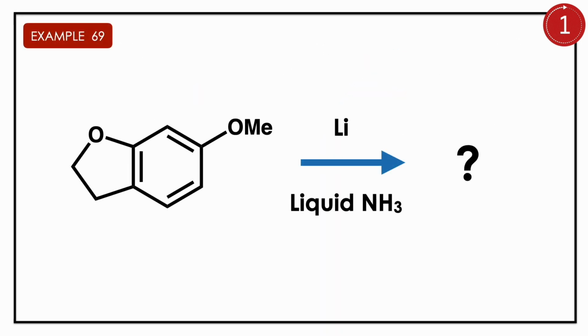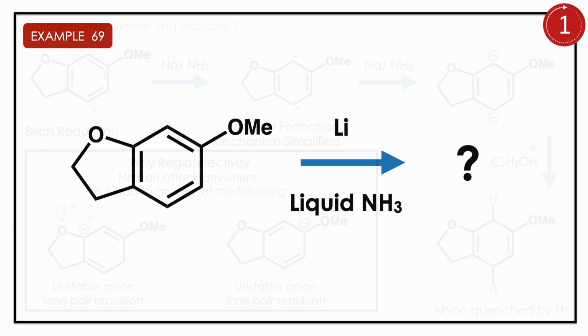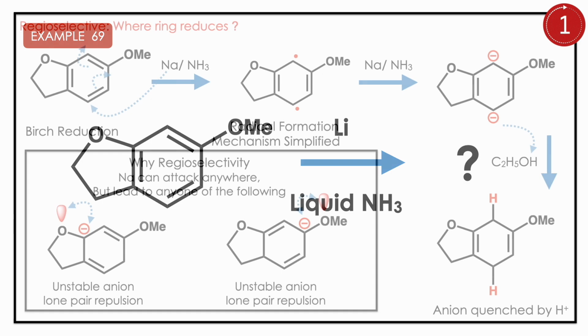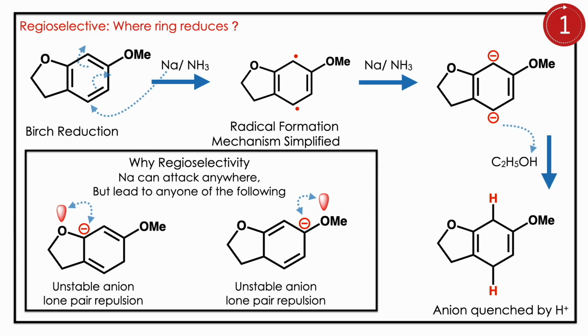Then the next example, you have anisole fused with 5-member oxygen. You are reacting with lithium and liquid ammonia. You should find what will be the final product. Here you have Birch reduction condition, benzene with sodium and ammonia. Basically diradical forms.